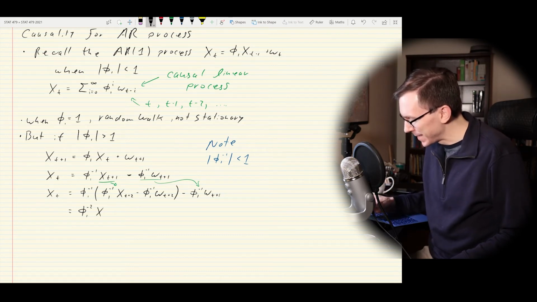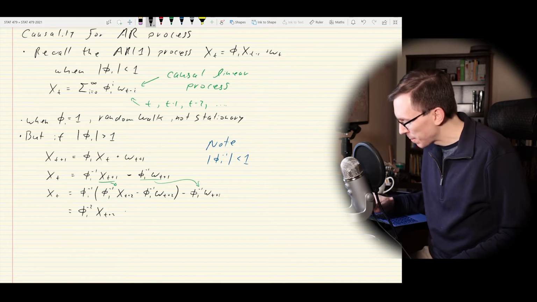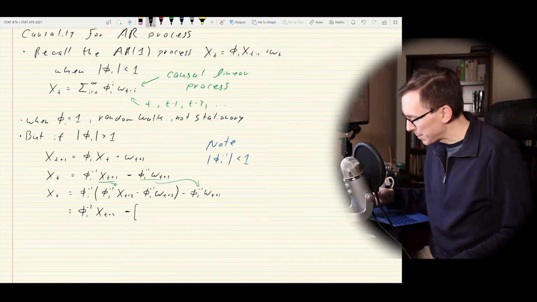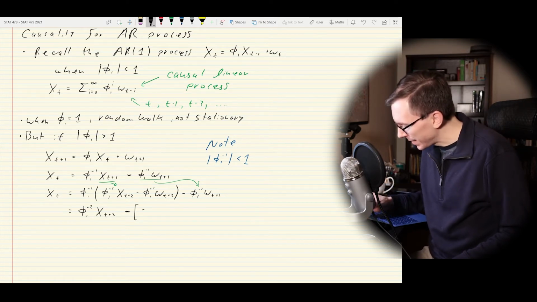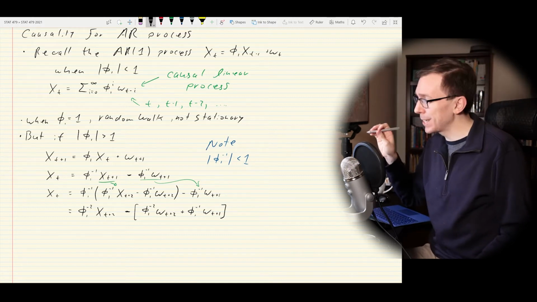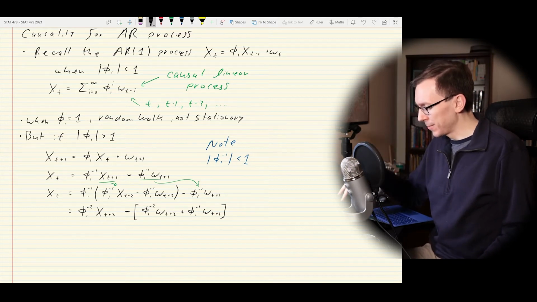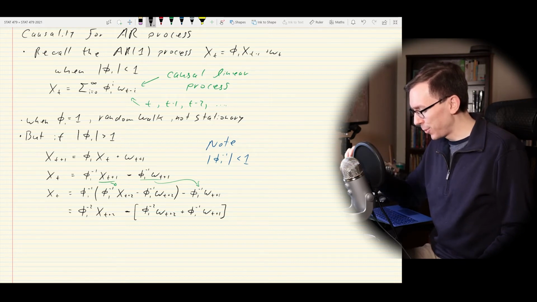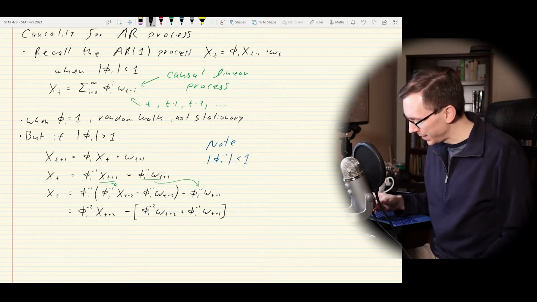The point is that we could have an AR process with more than one term in it. We just don't in this case. And then in the giant minus bracket, we have phi 1 to the minus 2 w_{t+2} and phi 1 to the minus 1 w_{t+1}. So we're going to do the exact same thing we did for the causal AR(1) process, where we just keep iterating until we get an infinite series.